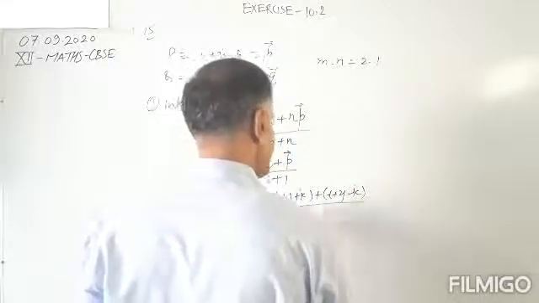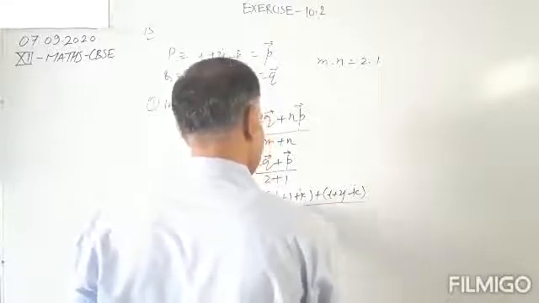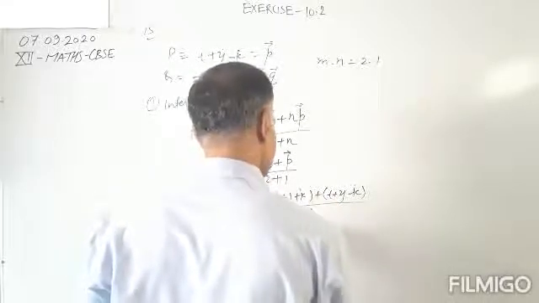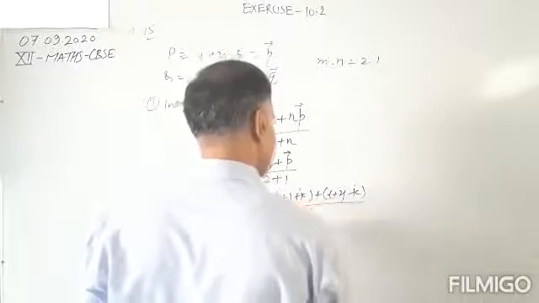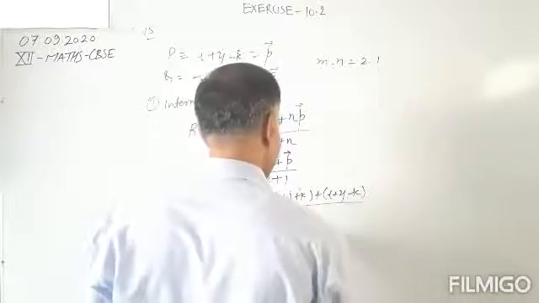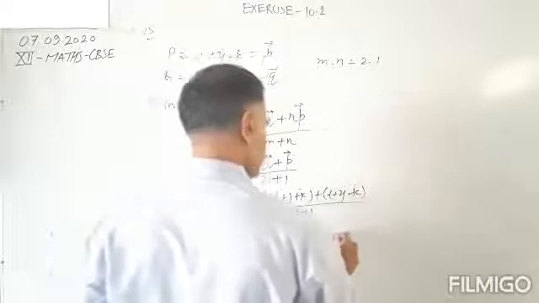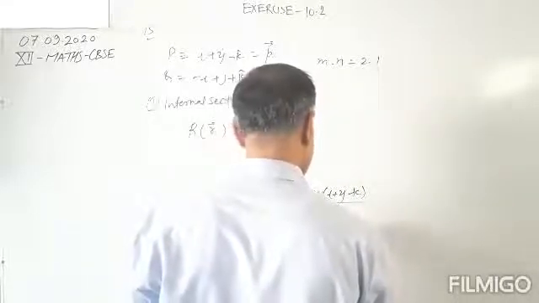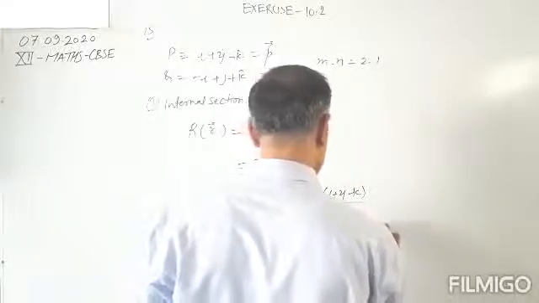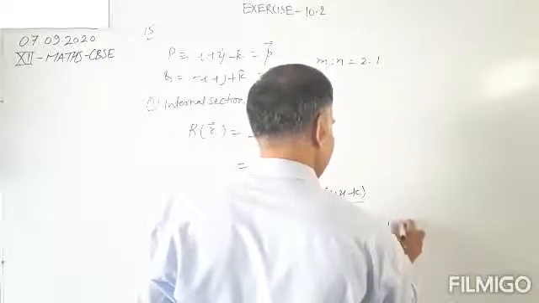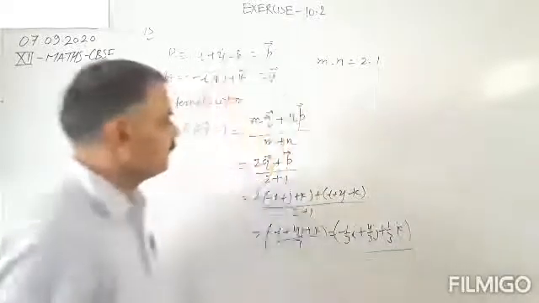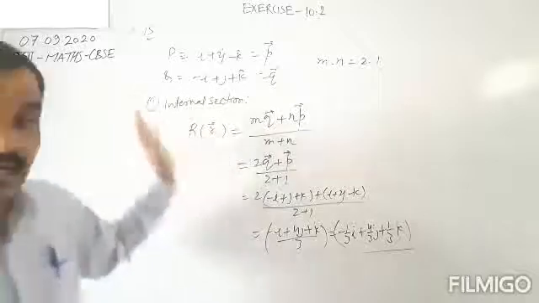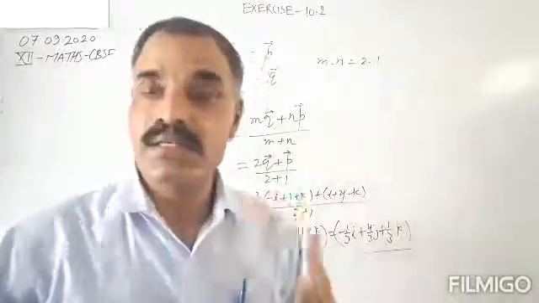That gives -2i plus i, 2j plus 2j is 4j, and 2k minus k, divided by 3, which equals -1/3 i cap plus 4/3 j cap plus 1/3 k cap. So this is the position vector of R when it is internal section.